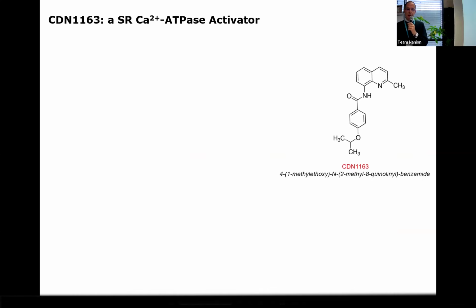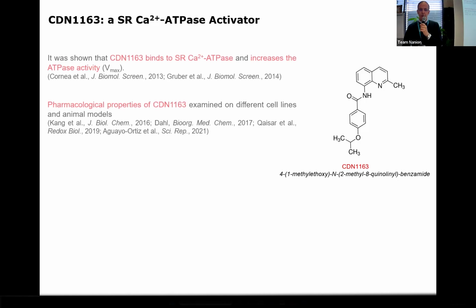The compound CDN1163 is an interesting example of a small molecule SERCA activator. This compound was selected by a high throughput screening of a large chemical library, and it was shown that CDN1163 binds to the sarcoplasmic ATPase and increases the ATPase activity.